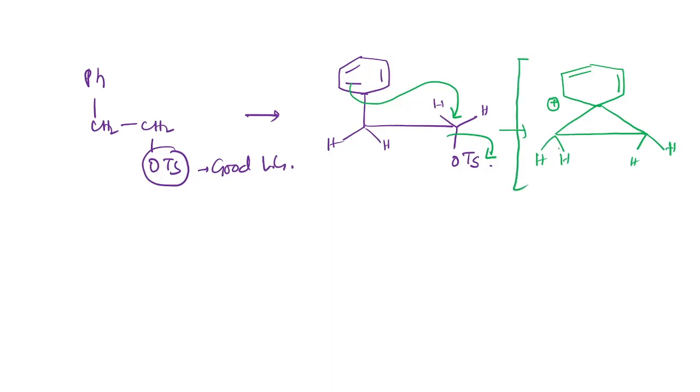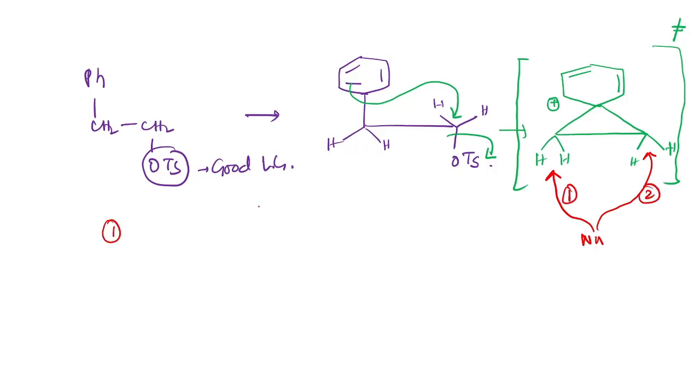Now this is very unstable, and the nucleophile can approach from either side. It can approach from this carbon, it can approach from this carbon, because both are identical. So I am taking them as 1 and 2.